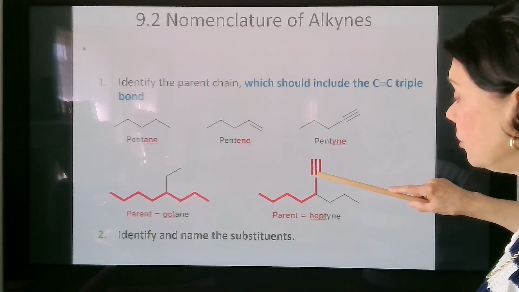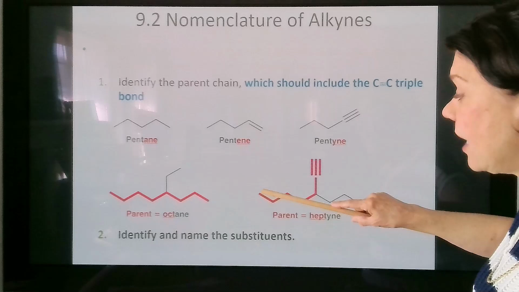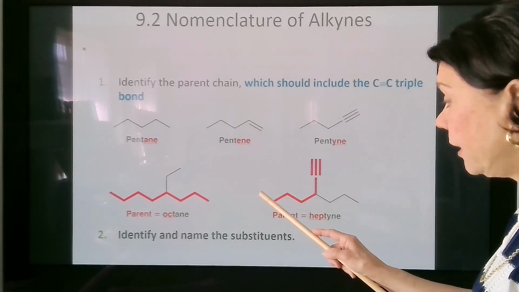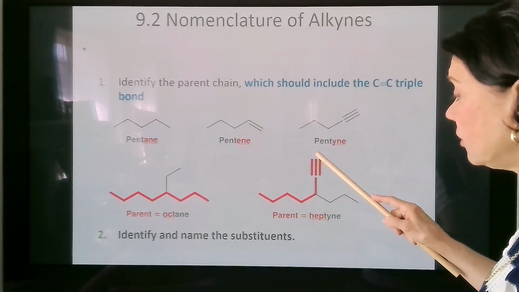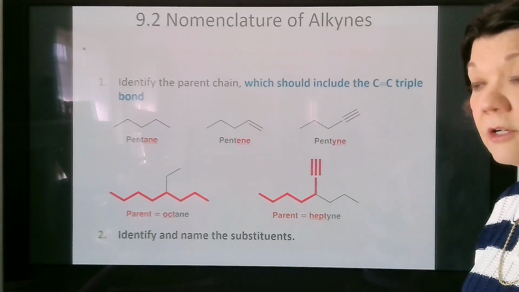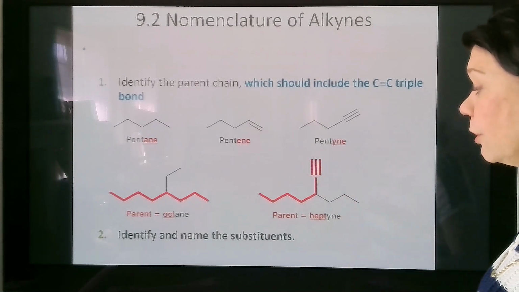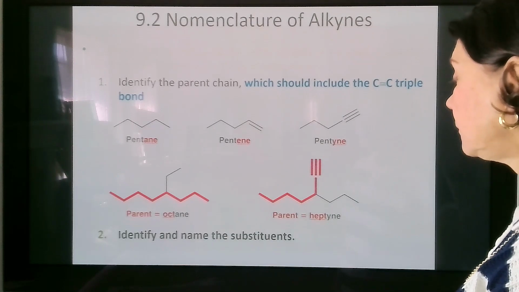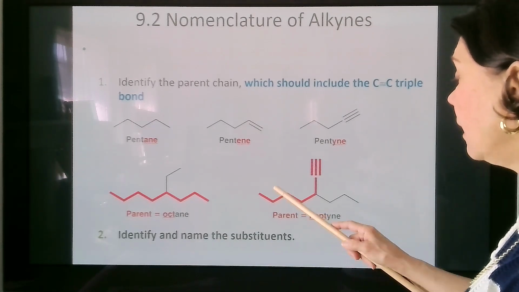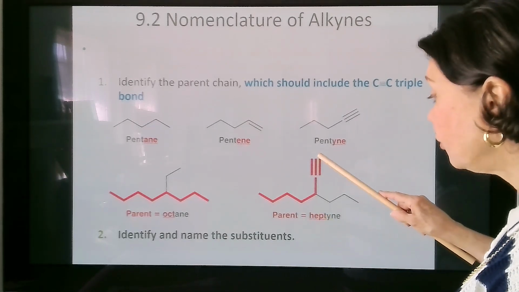So 1, 2, 3, 4, 5, 6, 7. So you don't start over here because you want to have the lowest possible number assigned to the functional group. So this is going to be a heptyne, and you're going to start numbering up here.